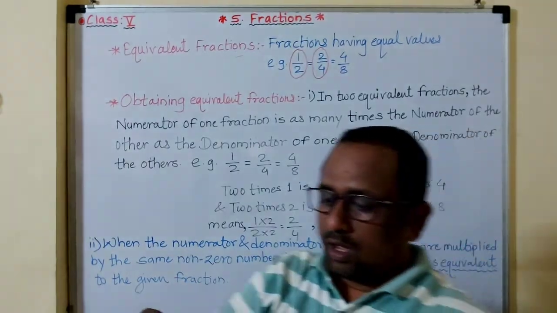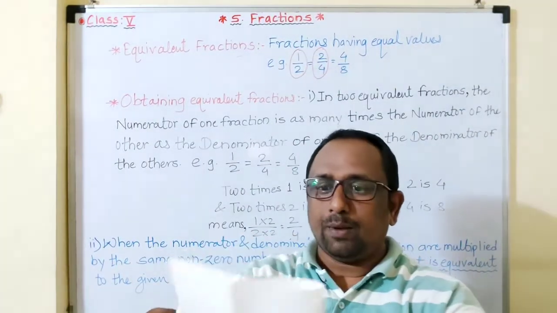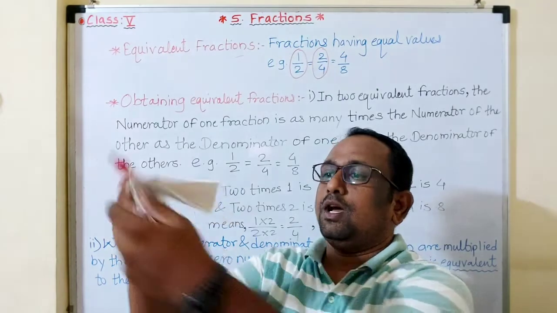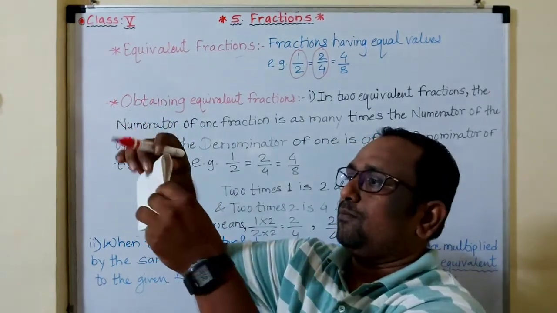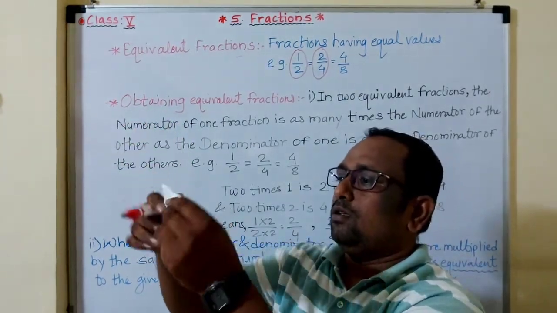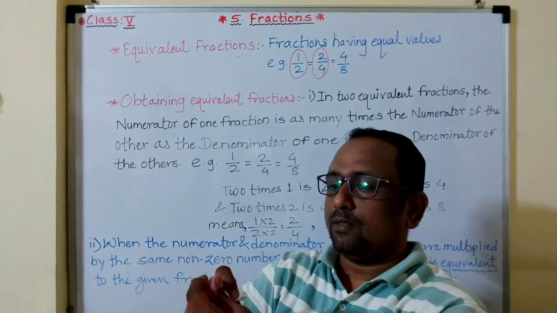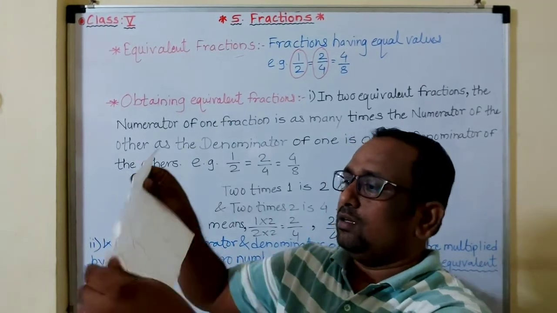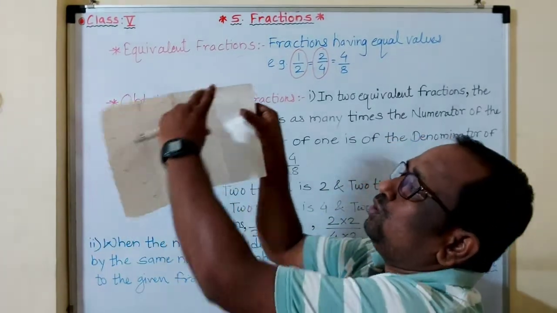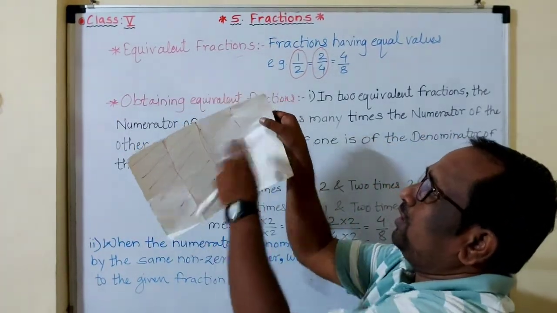Okay, if the same paper I fold from the upper side like this, then here if you count, students, in total we get 1 2 3 4 5 6 7 8.